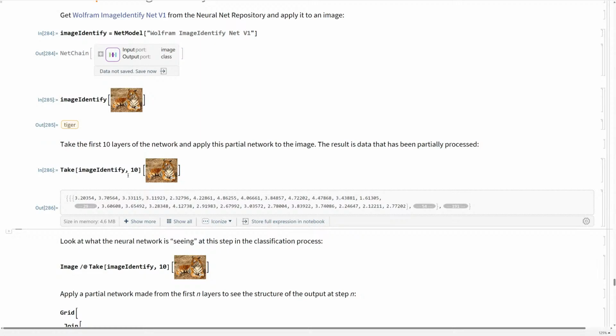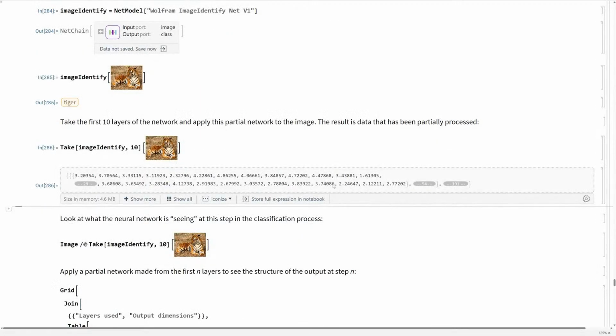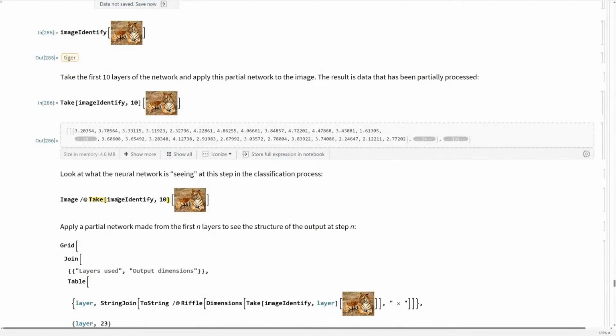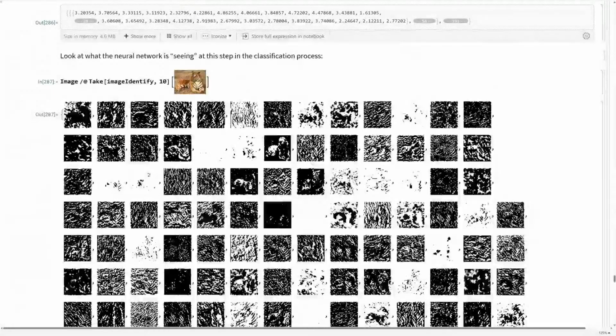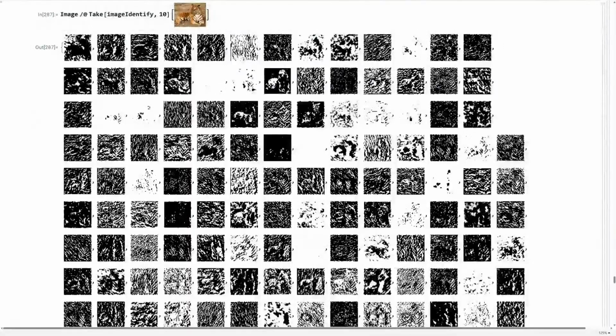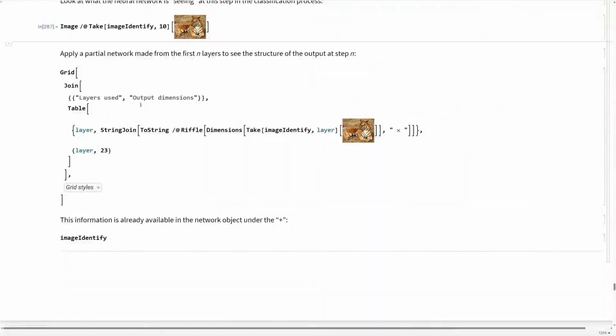Again, it's a lot of numbers, which I as a human can't understand. And here is also what the neural net is seeing. Again, it makes a lot of sense to the machine, but it doesn't make any sense to us.